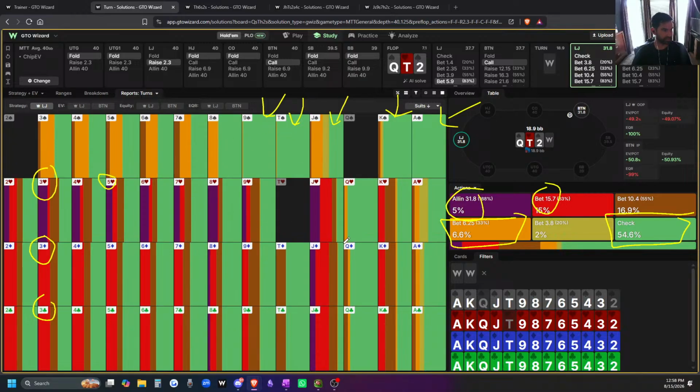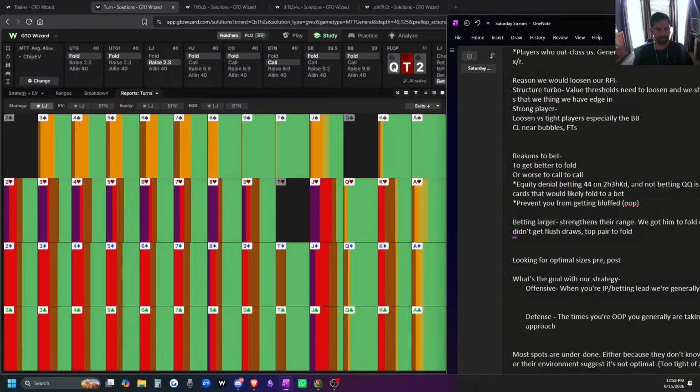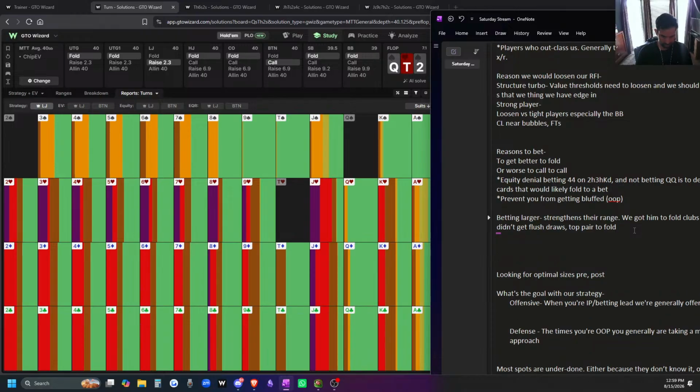Right. Yeah. A good way to phrase it that just popped up in my head is you're creating new calling thresholds for them. Once the nuts shift, you're now targeting a new portion of the range.